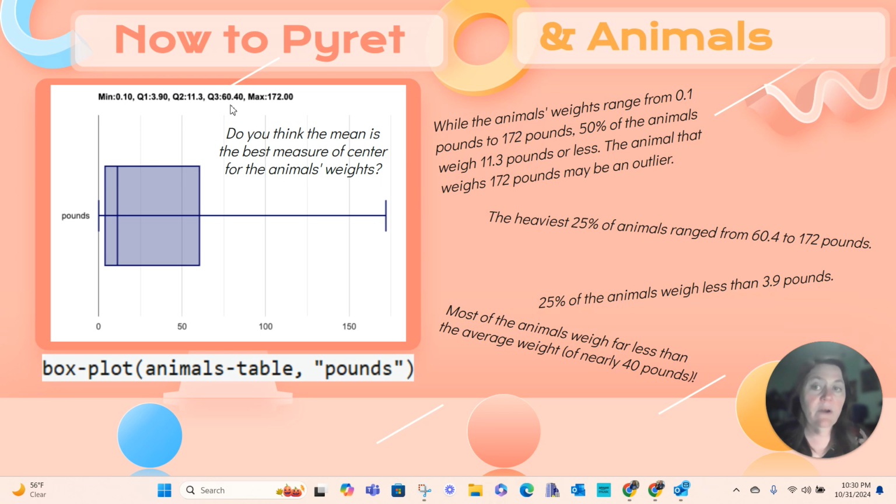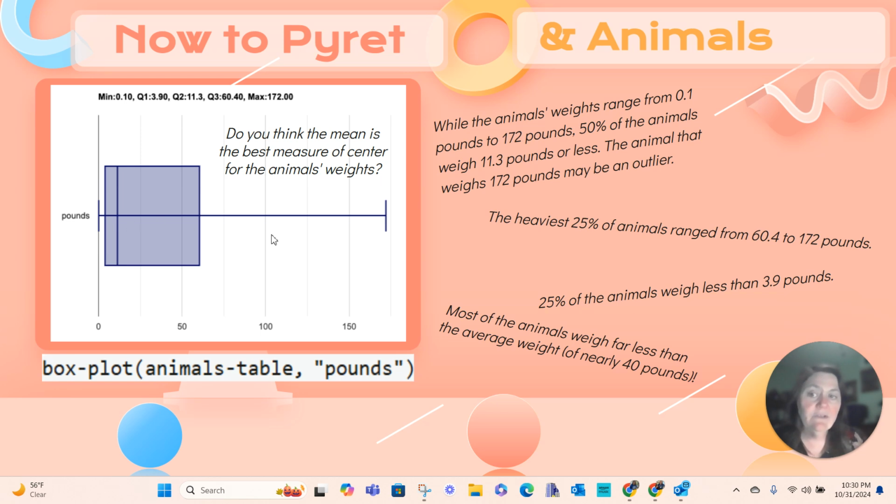From your 5-number summary, which is given at the top of your box plot charts. The 5-number summary will be found in Pirate's charts. And 25% of the animals weighed less than 3.9 pounds there.